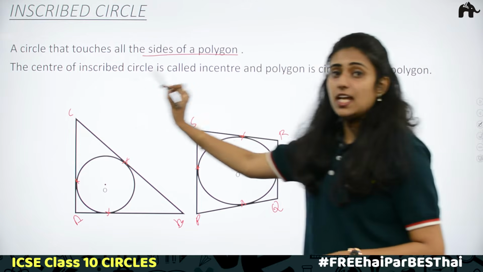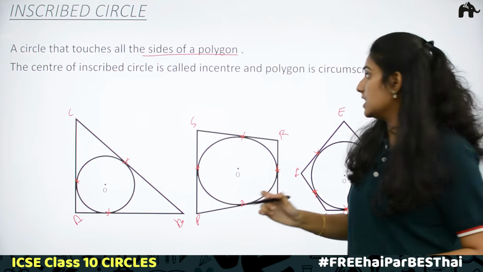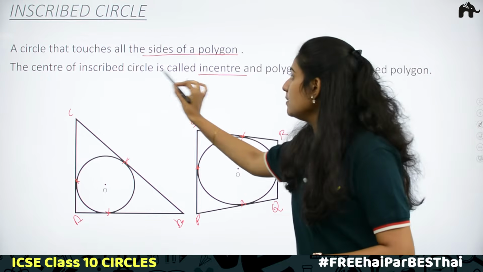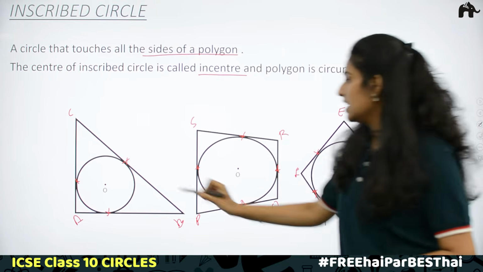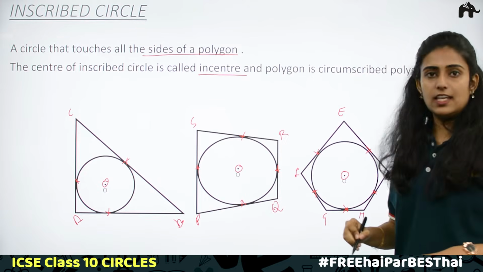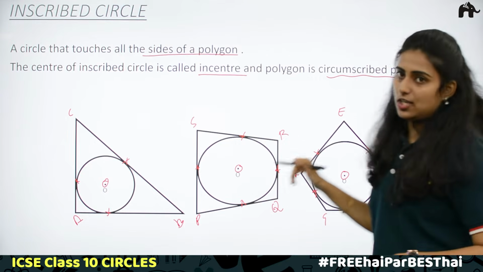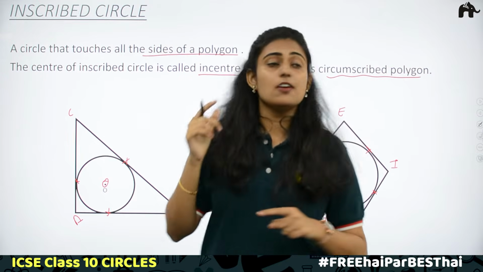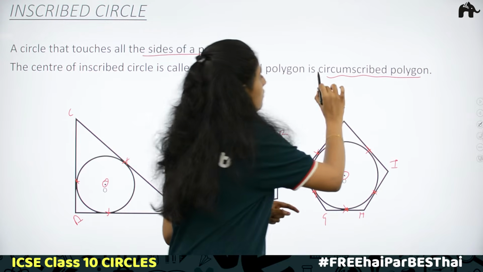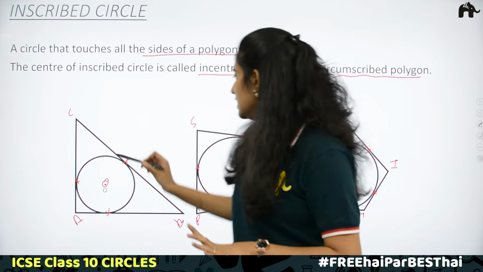Okay, now the center of the circumscribed circle, we called it the circumcenter. Here the case is incenter. For an inscribed circle, we call it incenter. This is incenter, this is incenter and this is also incenter. And the polygon is a circumscribed polygon. Okay, in the previous case, for a circumscribed circle, we got an inscribed polygon, and for an inscribed circle, we will be getting a circumscribed polygon.